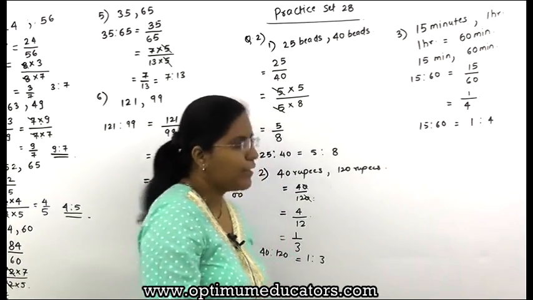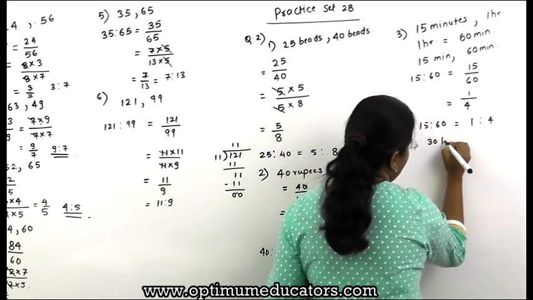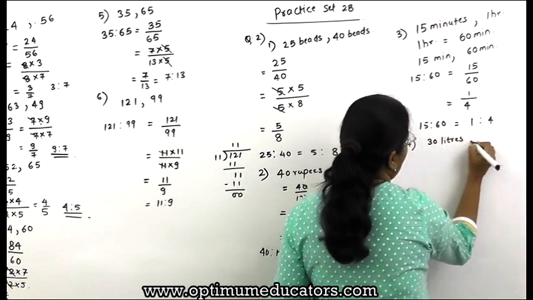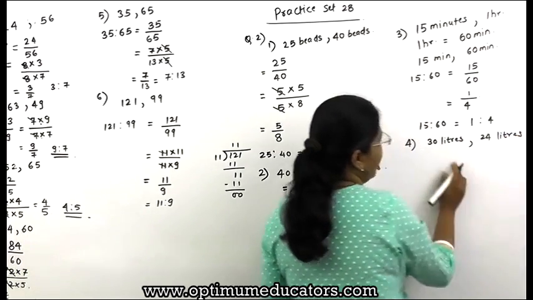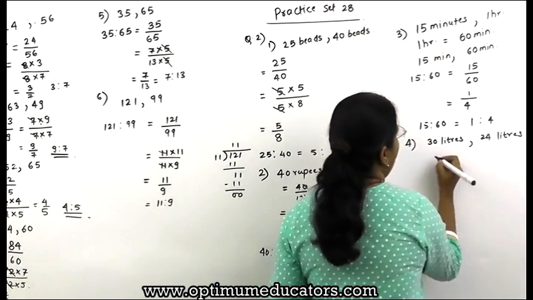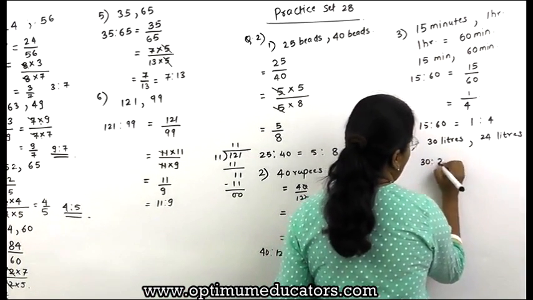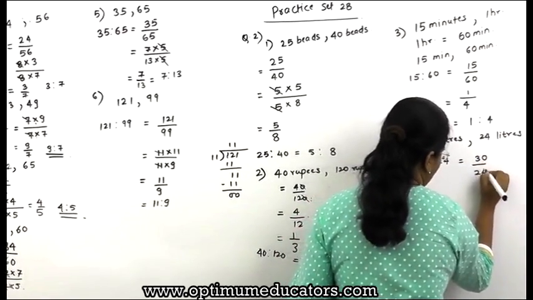30 liters and 24 liters. Is the unit the same? Yes, both sides it is liters. So it is 30:24, which is 30 upon 24.